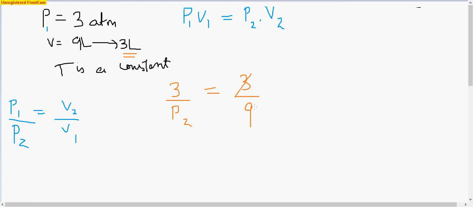This is 1 by 3, right? We don't have to cross multiply this or anything. We already know that this is P1, so we cross multiply into P1, not 3. So we get 3 P1 is equal to P2, right?